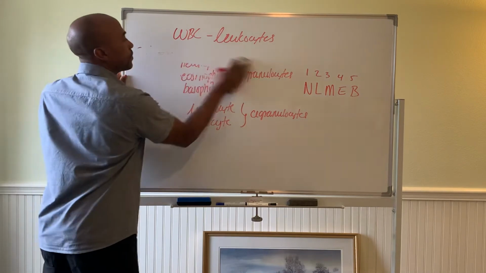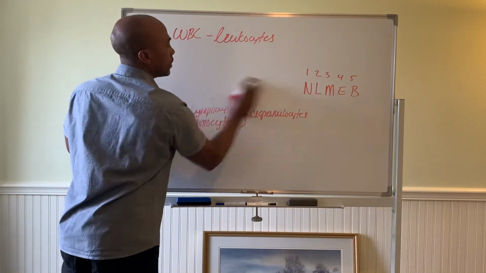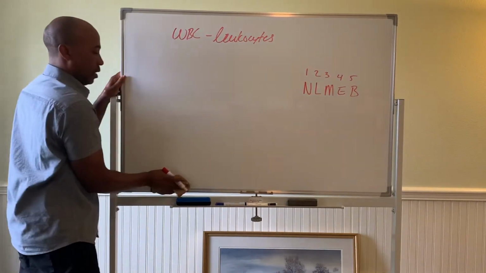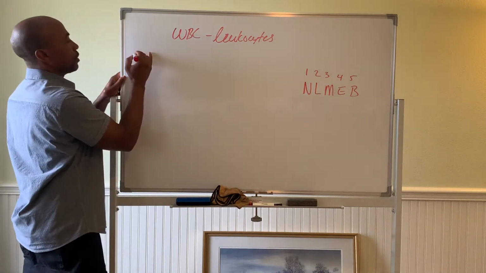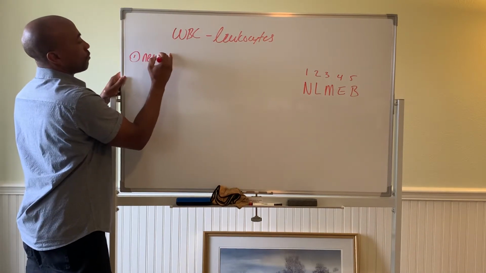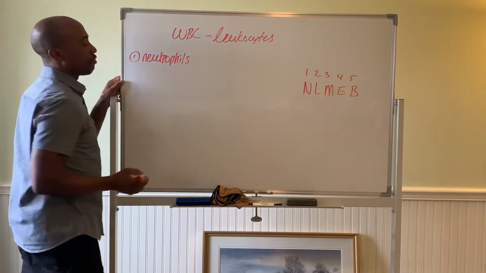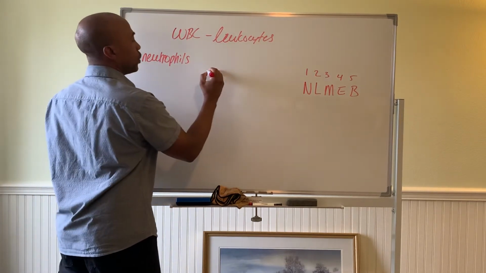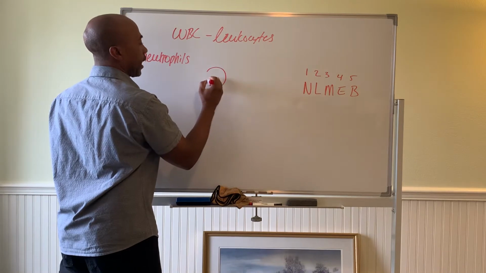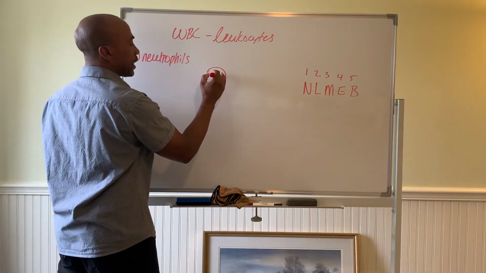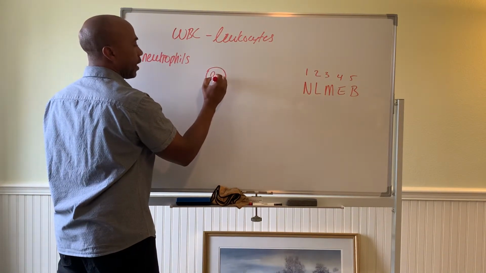All right, let's look now specifically at the 5 types of cells and discuss what their main roles are, beginning with your neutrophils. When you see these cells under a microscope, you notice that the nucleus has like 3 bumps to it.